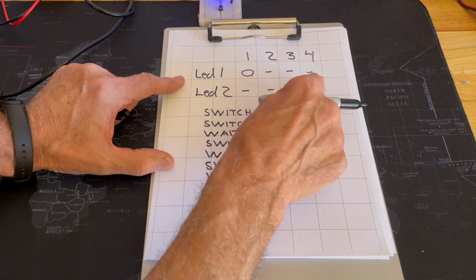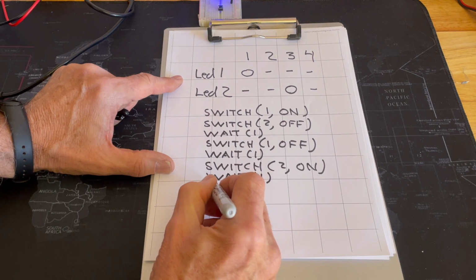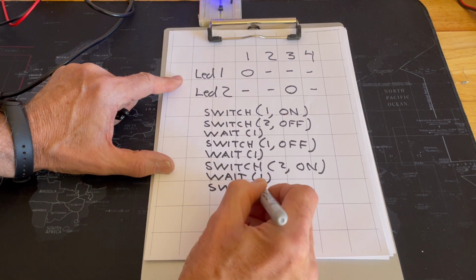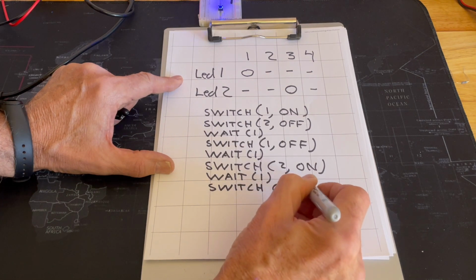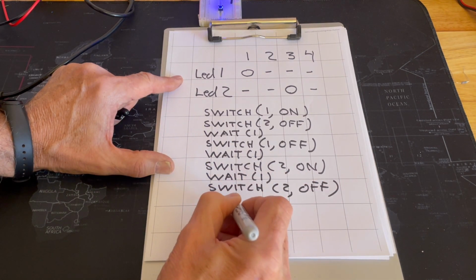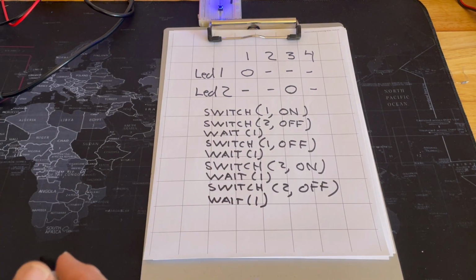And finally on beat 4, we need to turn off LED 2. And wait that second. So that's the code we're using.